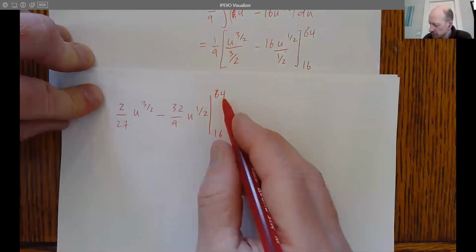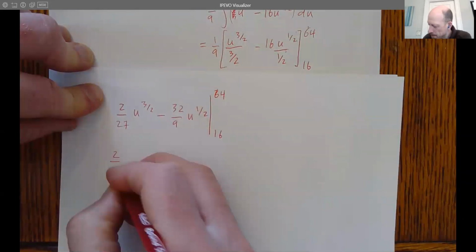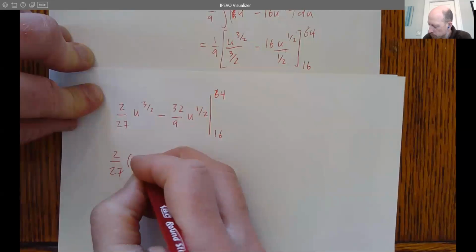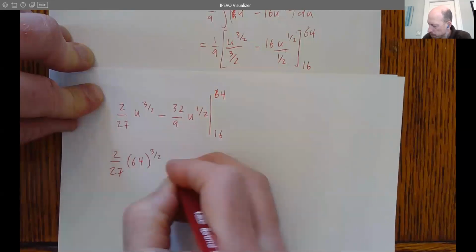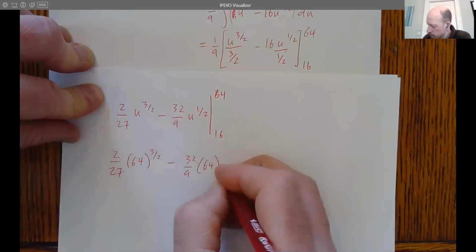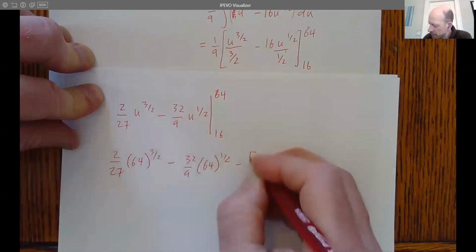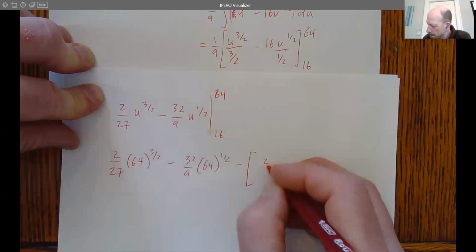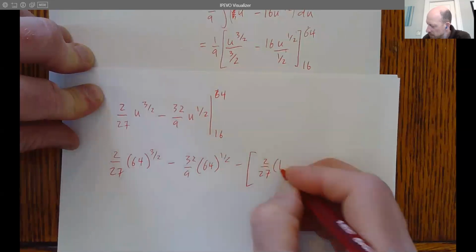So I plug in 64. And then I subtract the same thing when I plug in 16.